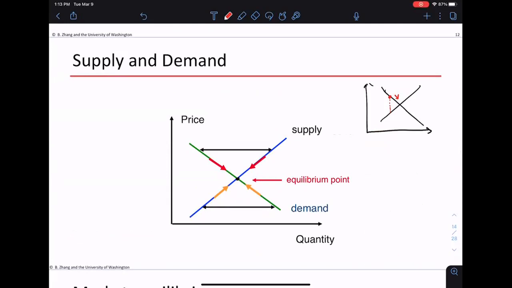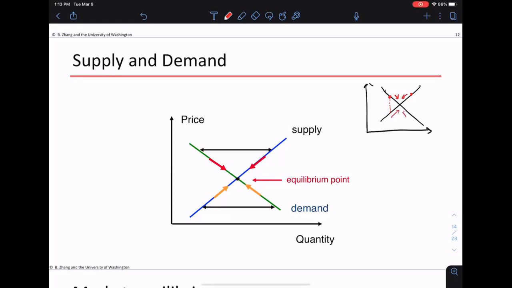Similarly, if you start here, what happens is that for the supplier, the amount of money you're willing to sell stuff at is higher than the amount of money the demand is willing to pay. So the demand doesn't want to operate at this point. It doesn't want to buy this much quantity at this price. So you move toward this way.